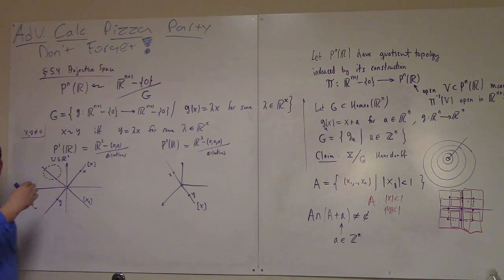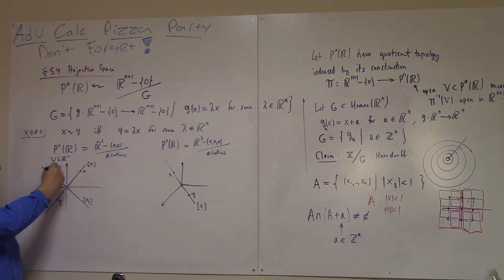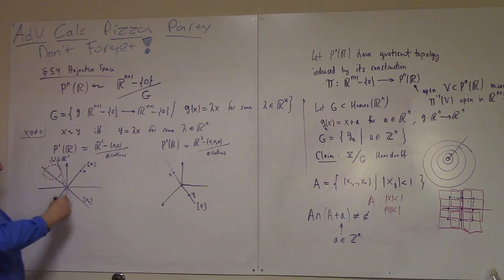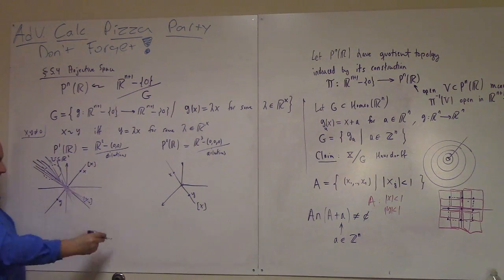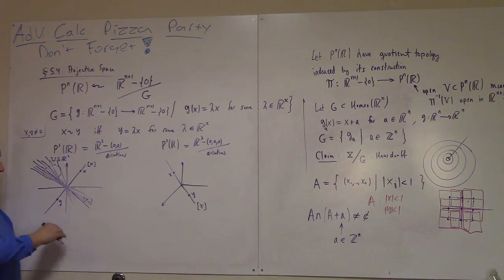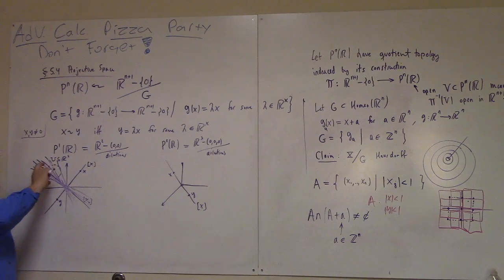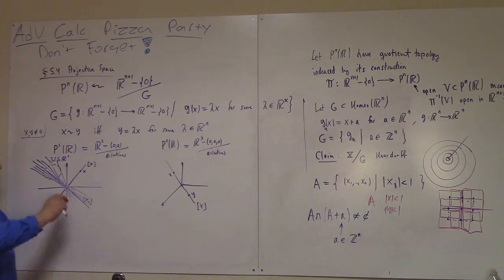It's like all the lines that will pass through it. So the collection of all those would then form an open set in P1R because it's the image of an open set in the plane.